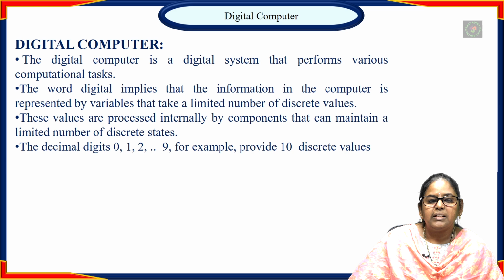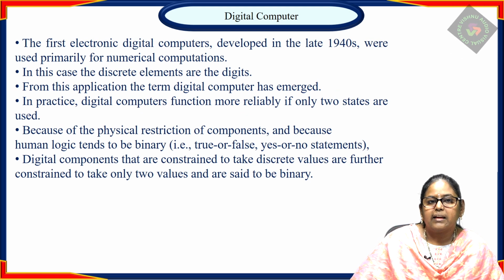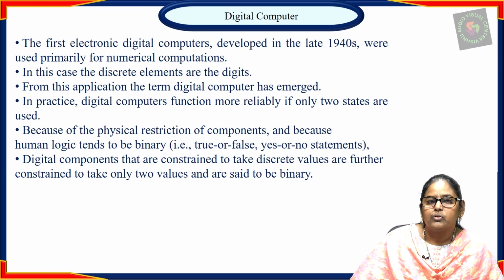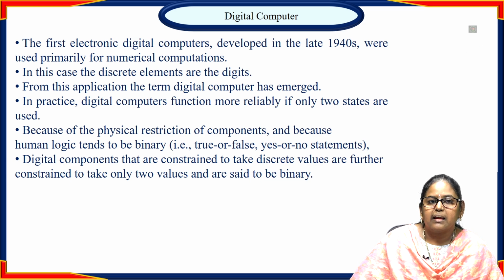For example, if we take the decimal digits from 0 to 9, here we are going to be providing 10 discrete values. And the first electronic computers which were developed around the 1940s were calculators, especially used for numerical computations.